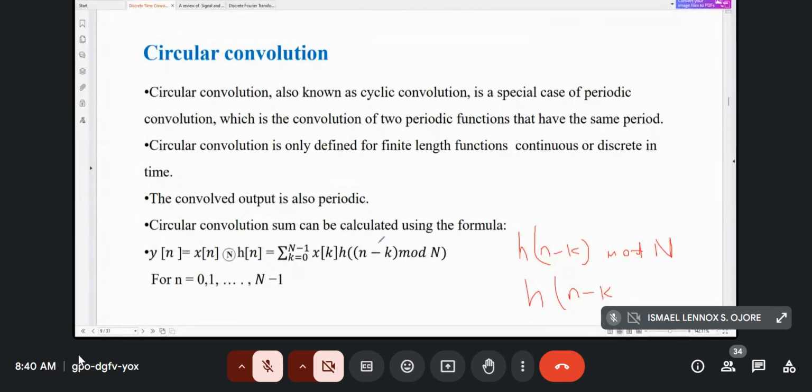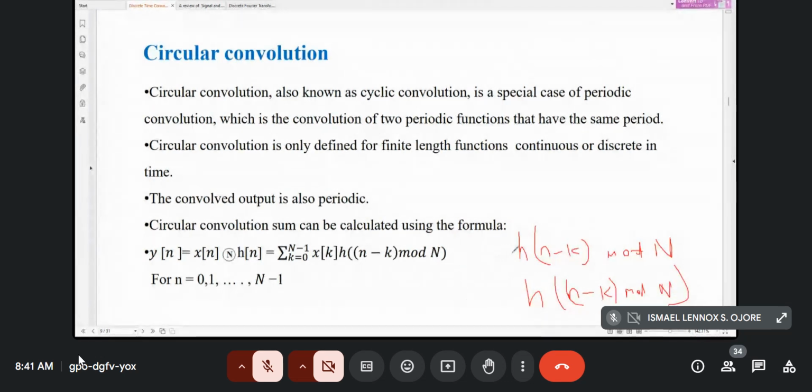I've drawn this, but normally it's supposed to be square brackets, but we have used parentheses, yeah. So it's supposed to be n minus k mod N. Of course, you can see the difference.